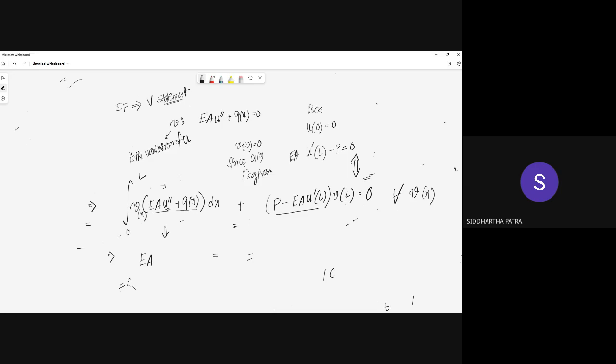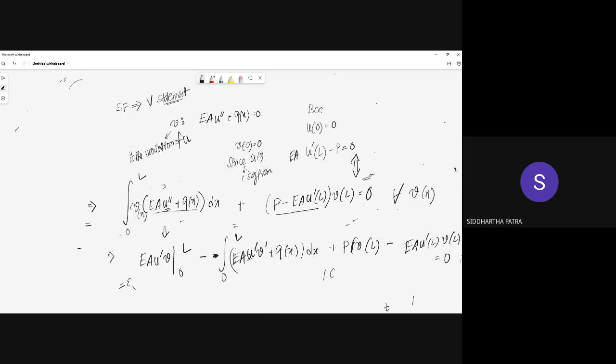So we are integrating this: EA u prime v from 0 to L, minus the integral from 0 to L of EA u prime v prime plus q of x dx, plus p times v of L minus EA u prime at L times v of L equals 0.